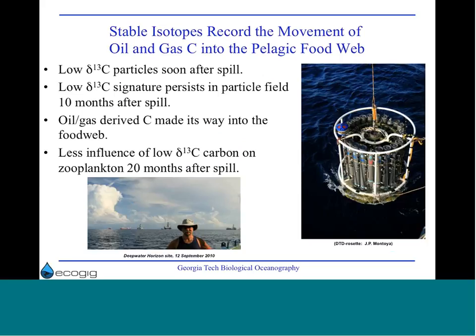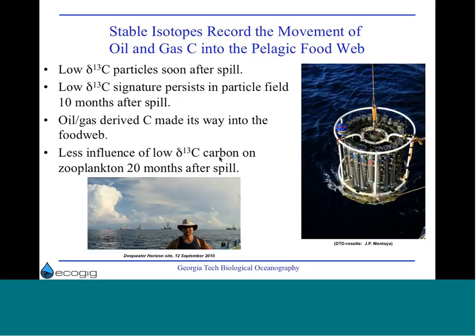And just to summarize, we saw low delta C13 in particles immediately after the spill, and this reflected both the direct contribution of carbon, of oil to the particle field, and the movement of some of that carbon into the particles through heterotrophic activity.